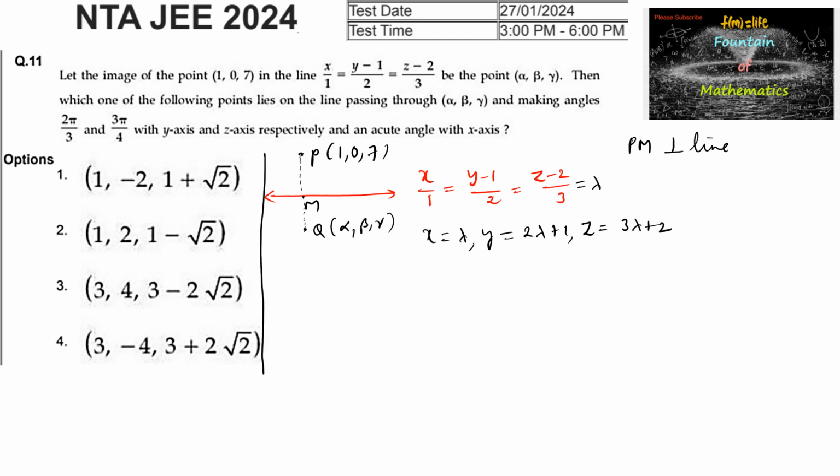So the direction ratios of the line joining P and M can be taken as lambda minus 1, 2 lambda plus 1 minus 0, and 3 lambda plus 2 minus 7, that is 3 lambda minus 5.